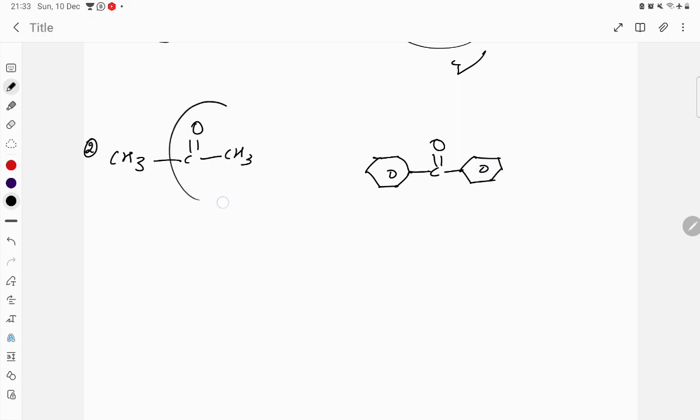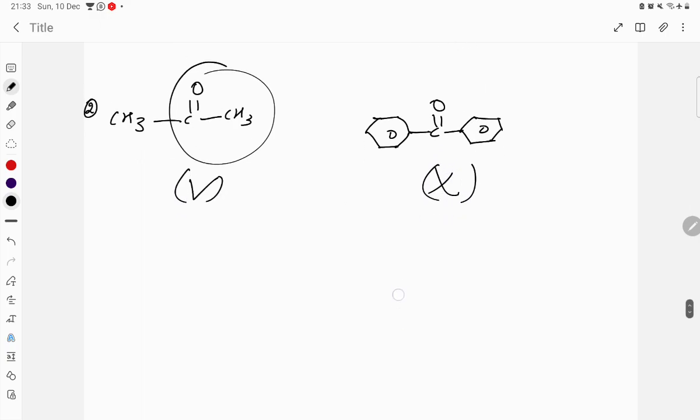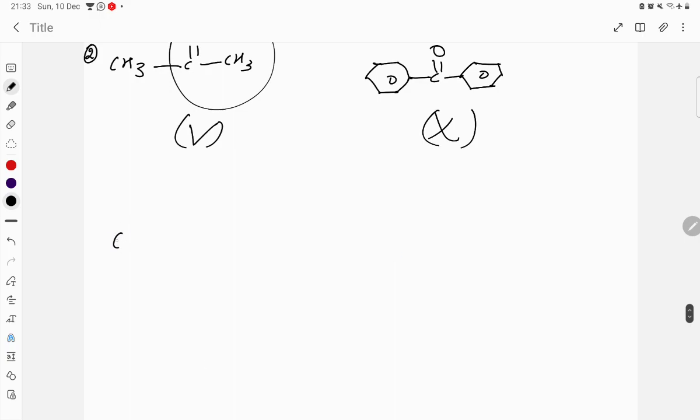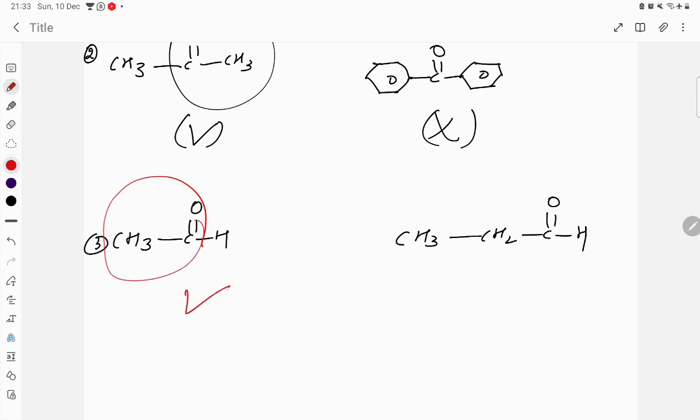In this case this is the methyl keto group, it will give positive, but the other will not give, it will be negative. Now the third problem: CH3 C double bond O and H, and CH3CH2 C double bond O and H. The first is a methyl keto group, so it will give positive, and the second is an ethyl keto group, negative.